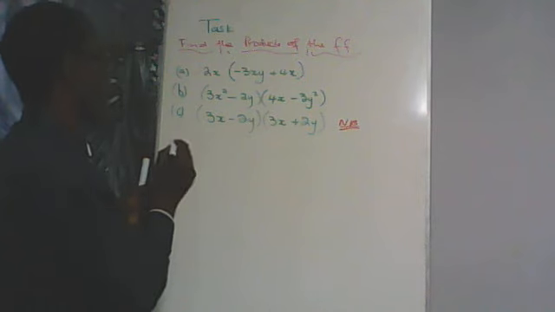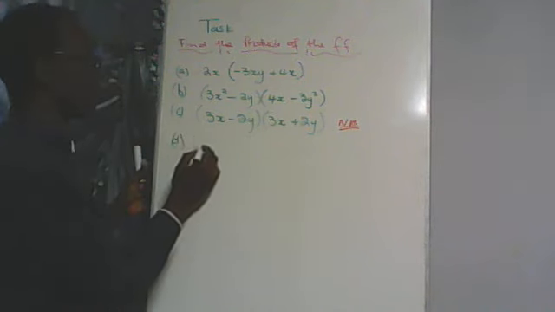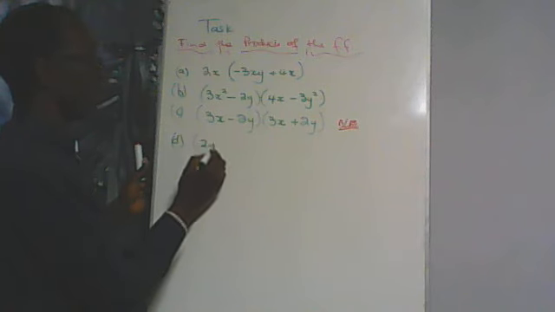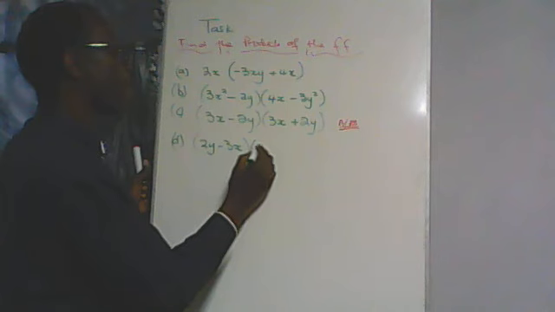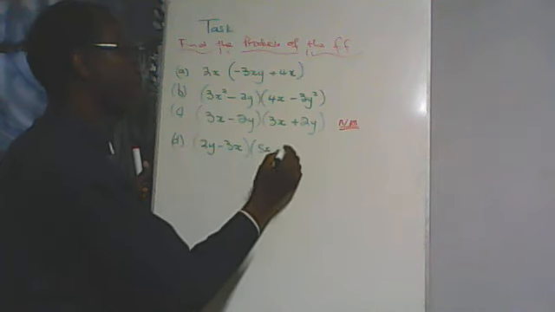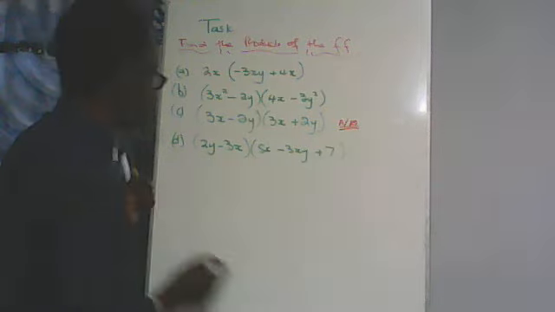So, yes, now number D. Let's get a monomial: 2y minus 3x into 5x minus 3xy plus 7.